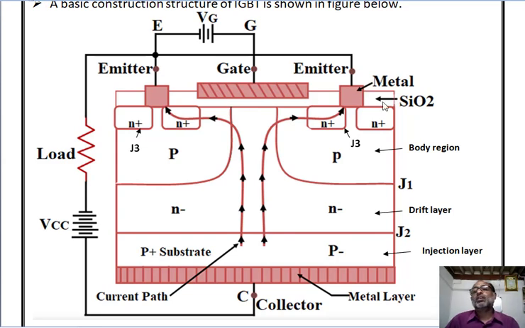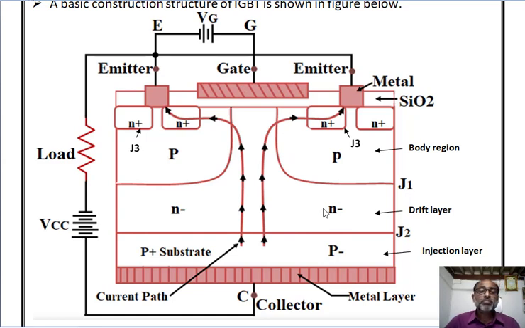This silicon dioxide insulating material works as the medium for a capacitor. Two metal contacts are taken out, one from the N plus and P region and one from the silicon dioxide, which are known as the emitter and gate terminals of the IGBT.